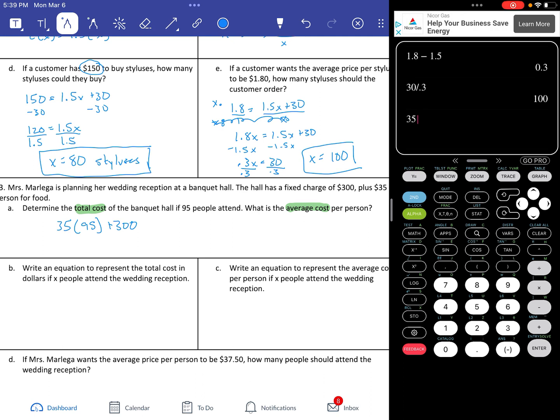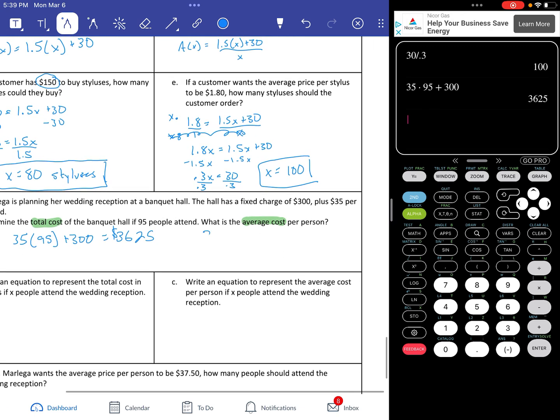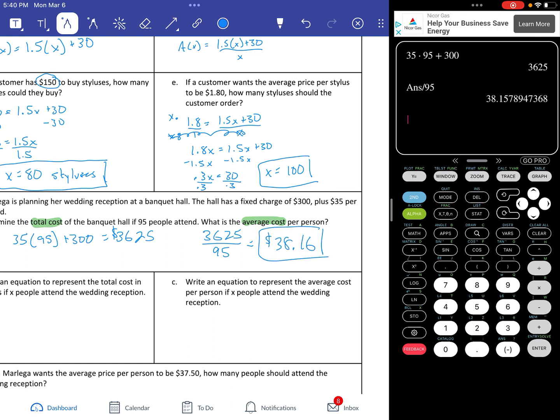So 35 times 95 plus 300 equals $3,625. Now the average cost is that total divided by how many people are coming, which is 38.16. Here are our two answers.